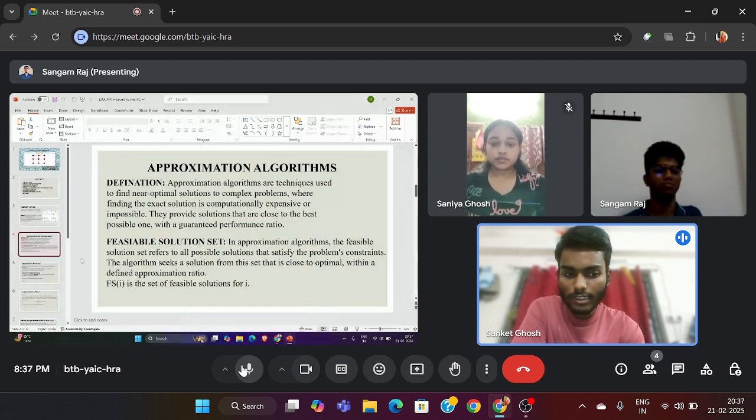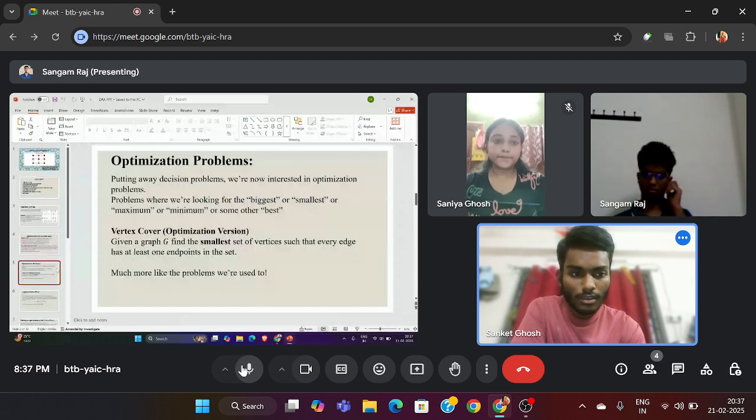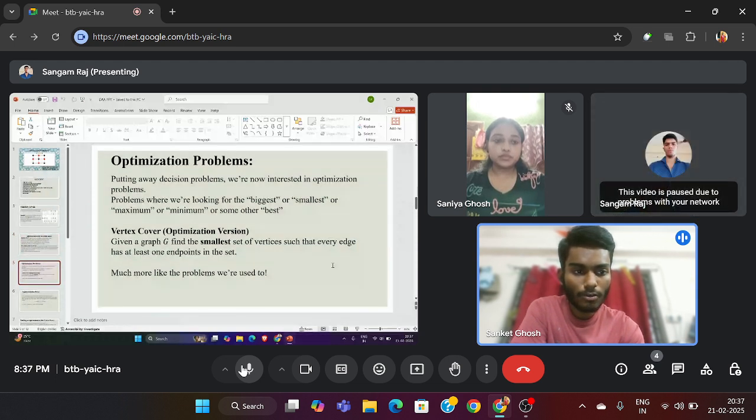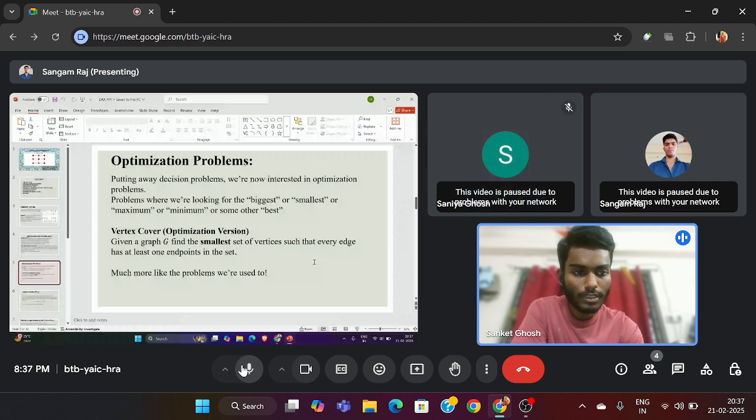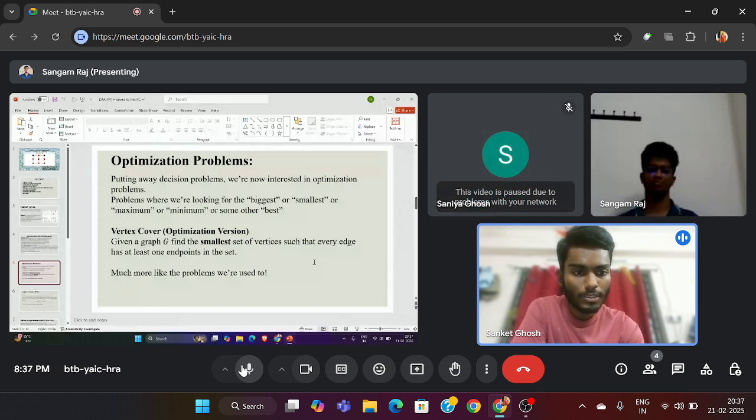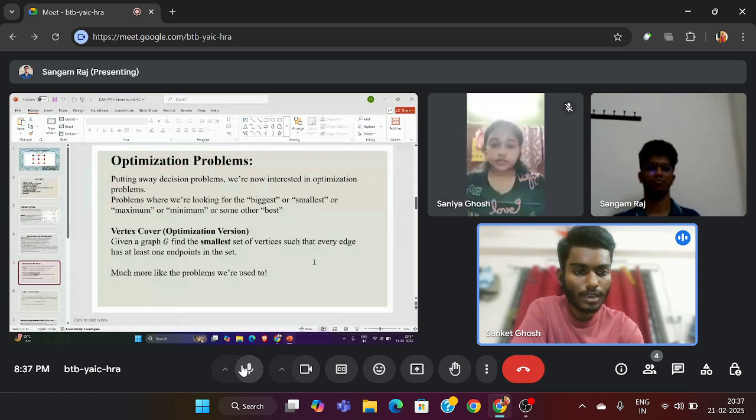The next topic is optimization problems. Optimization problems are mathematical problems where the goal is to find the best solution from a set of possible solutions according to some objective function.